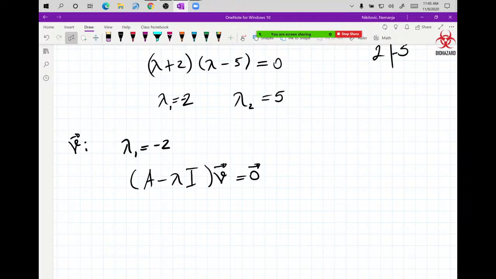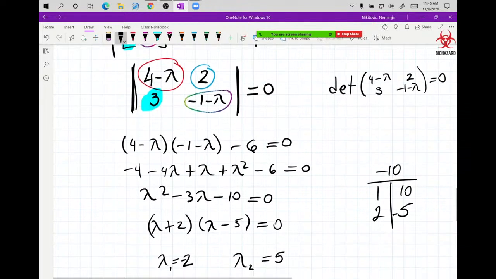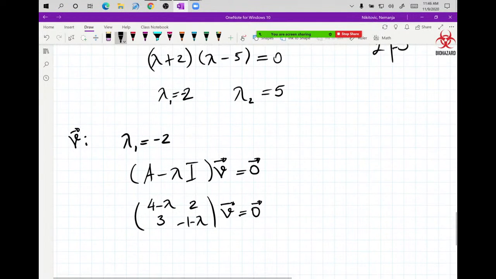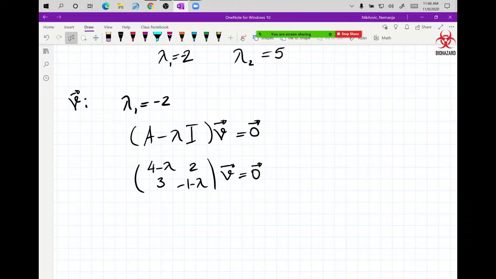We already know this. It's the same as the one we had up there. So this is now the basic matrix. It's not the determinant. It's a basic matrix of 4 minus lambda, I believe 2, 3, and negative 1 minus lambda. I have to verify that. Good. All right, so we got this.